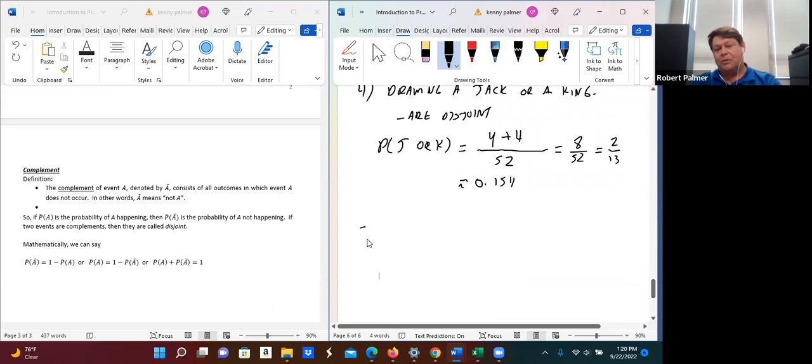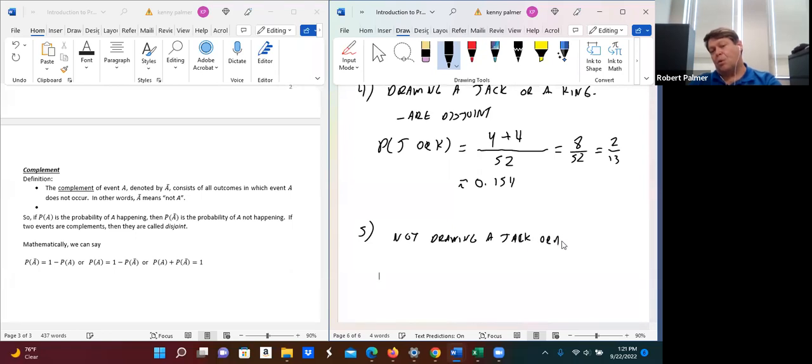Okay, and then finally, what's the probability of not drawing a jack or a king? Well, we'll write it this way. So jack or king. So once again, draw the line over to indicate not that. So that's going to be the complement. So that's going to be 1 minus the probability of a jack or a king.